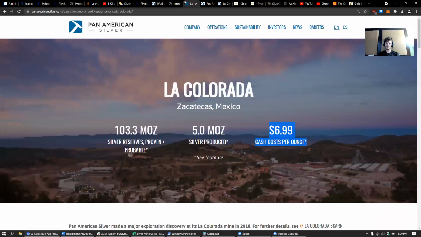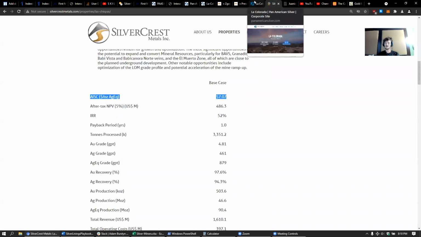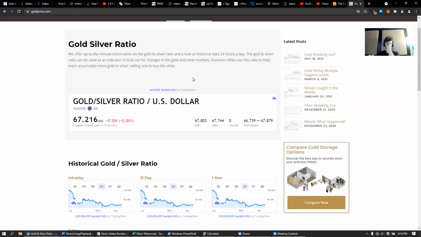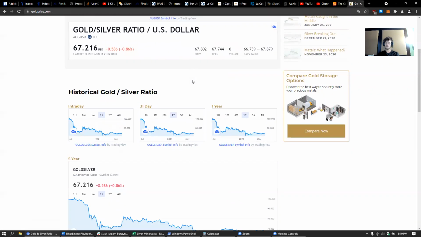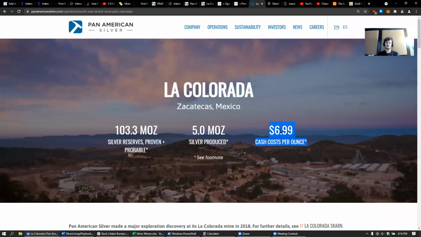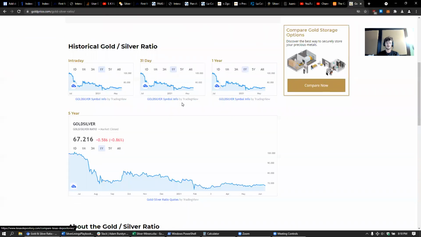And considering it's only 8 cents behind, the answer is probably yes. I will try to calculate that, but we're looking at something that appears to be a bit of accounting wizardry for Pan American Silver.